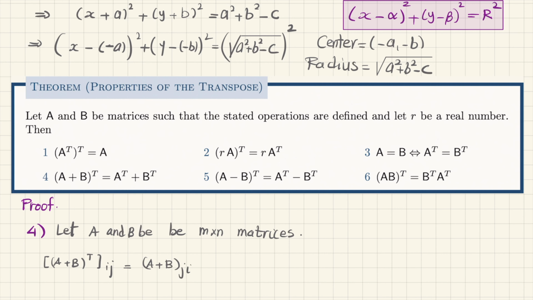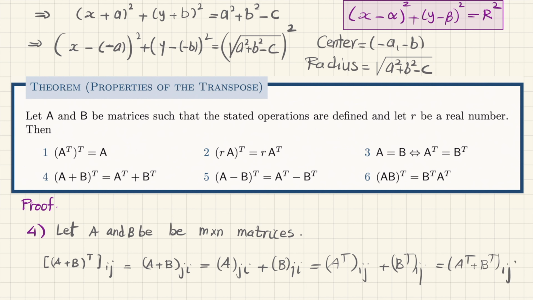But then according to the definition of addition, you can write the jith entry of A plus the jith entry of B, and then of course you can write A transpose ijth entry, and then you can write B transpose ijth entry, and then you can write A transpose plus B transpose ijth entry. So it means that the ijth entry of this combination matches with the ijth entry of this combination. And here i and j are arbitrary indices, so it means that this is true in total. But of course, intuitively, it's also clear.